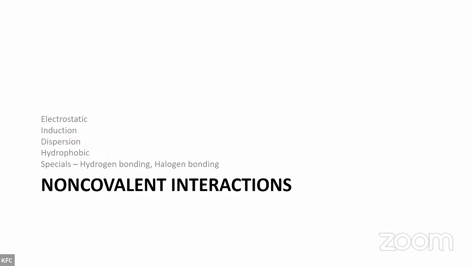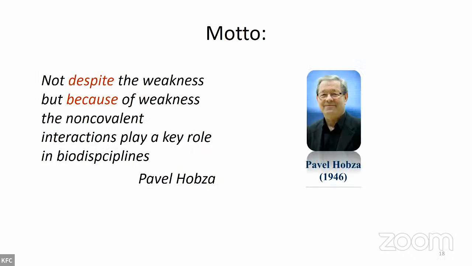For the non-covalent interactions, I have a quote from my former supervisor, Professor Hobza, who spent his whole professional life on quantum chemical analysis of non-covalent interactions. He says in his book, not despite the weakness, but because of weakness, the non-covalent interactions play a key role in biodisciplines.